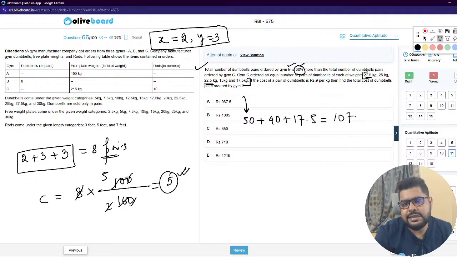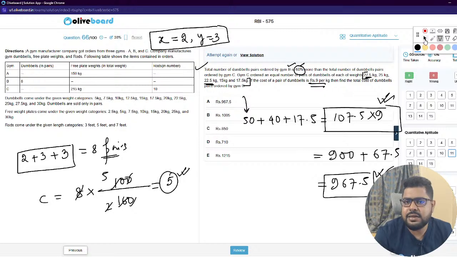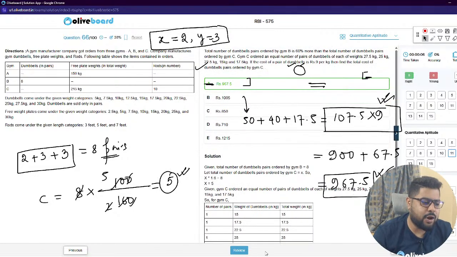This will be 107.5, into 9 per kg. Calculate, sir: 900 plus 67.5, 967.5 rupees is the correct answer. Khatam, sir. Option A.